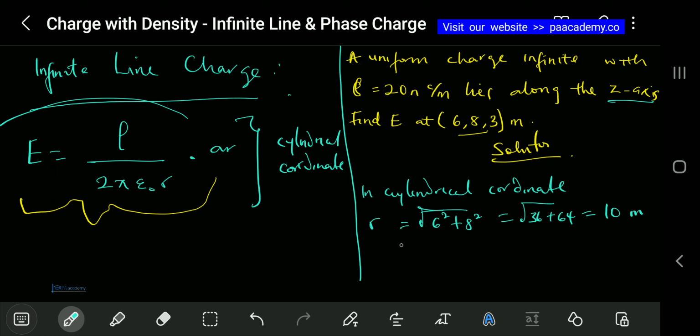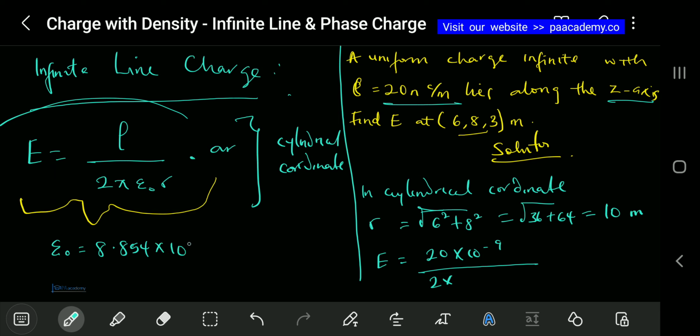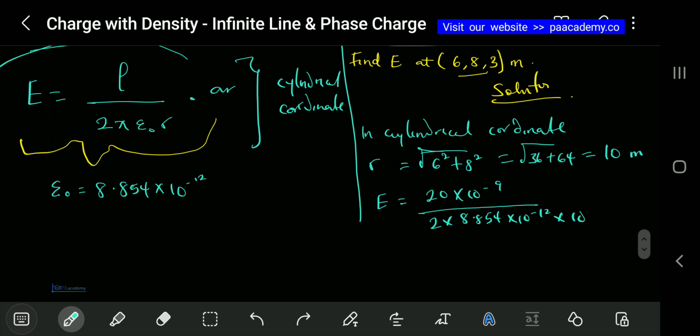The question says it lies along the z-axis. Since it lies along the z-axis, our E will be 20 times 10 raised to the power minus 9, over 2 times pi times E naught, which is 8.854 times 10 raised to the power minus 12, then times 10, this r here.